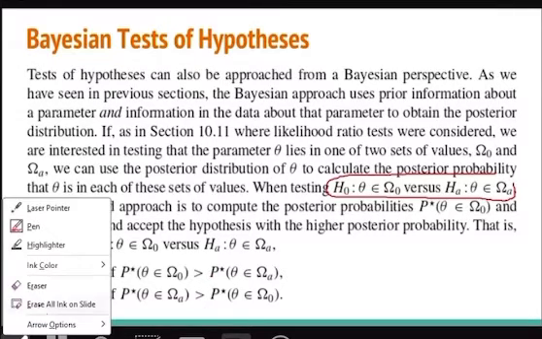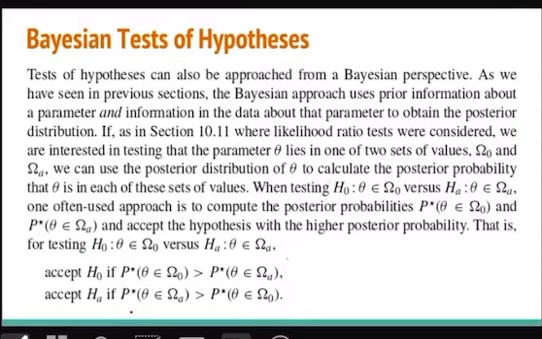Now, I need you to take a look at this. These are the conditions. We accept H naught if the probability associated with the parameter space in the null hypothesis is greater than the probability of the parameter space in the alternative. This is what I call parameter space, in case you don't know.